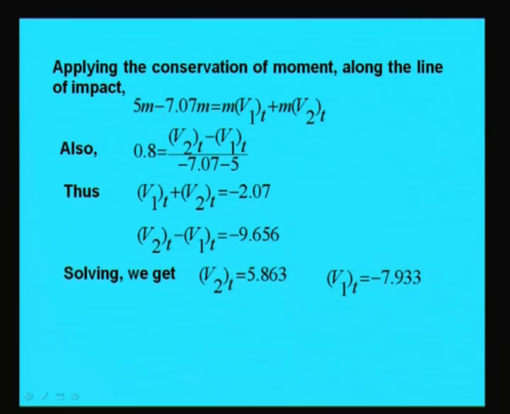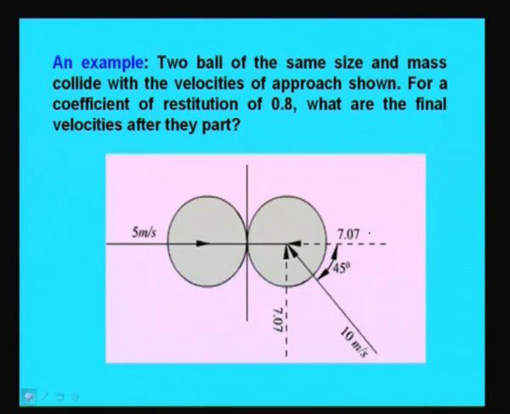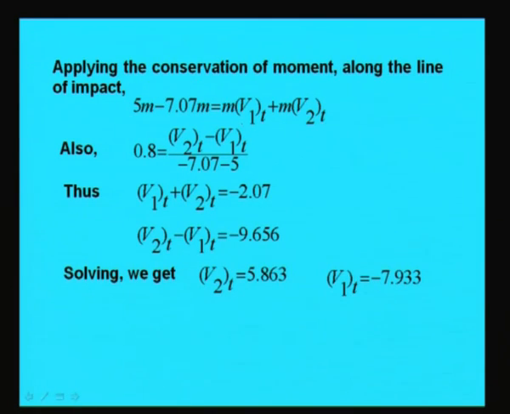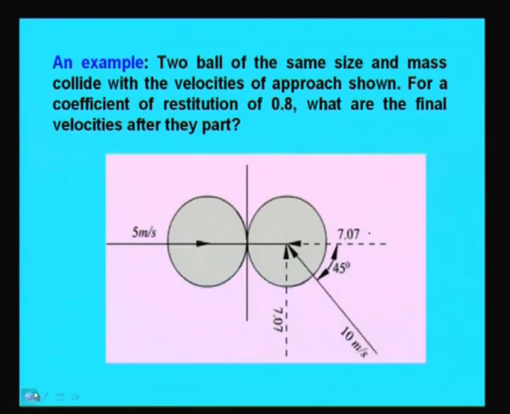If the mass is the same, it is 5m minus 7.07m in the beginning, because this velocity is in the opposite direction, so we have a minus sign, and this is equal to the momentum after impact along the normal direction. Let us use the symbol n here. We also have the coefficient of restitution, 0.8, given.